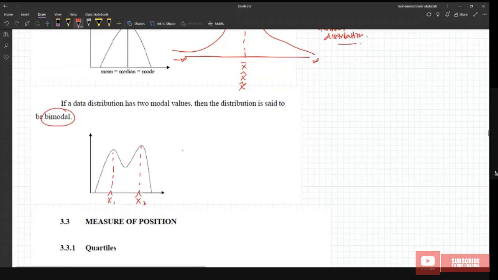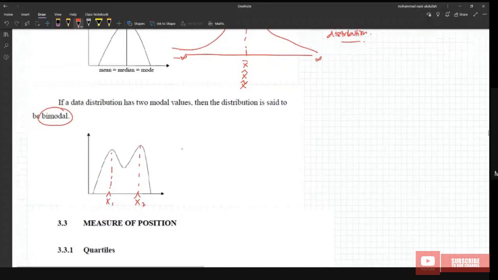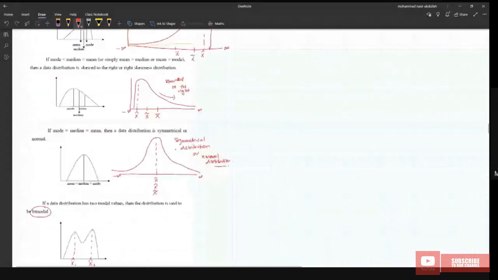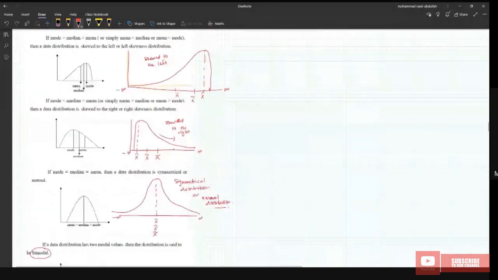So far, do you understand what is the relationship between mean, median, and mode? Right? If mode is larger than median, larger than mean, then we have a skew to the left distribution. If mode is smaller than median, smaller than mean, we have a skew to the right distribution.